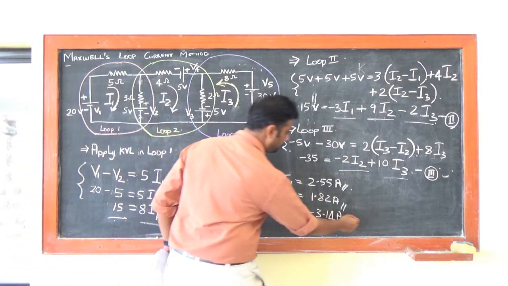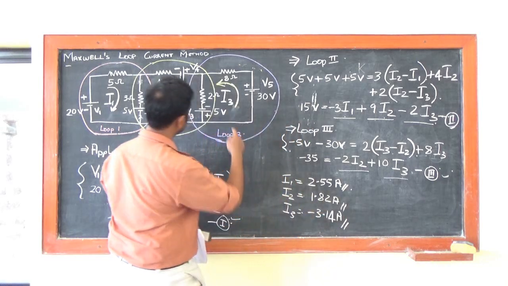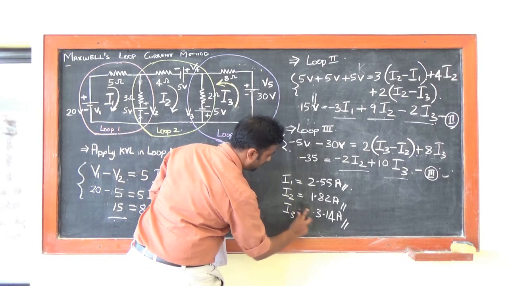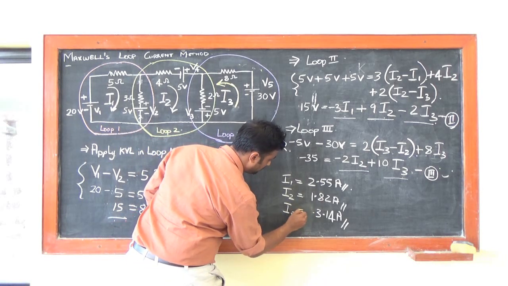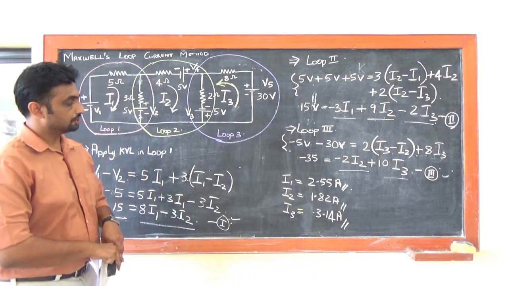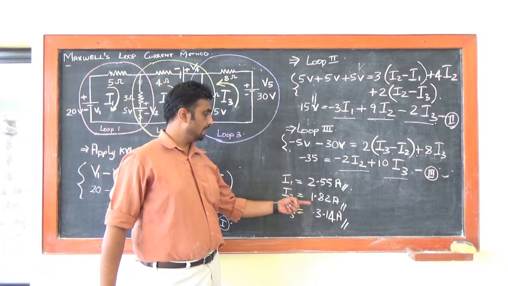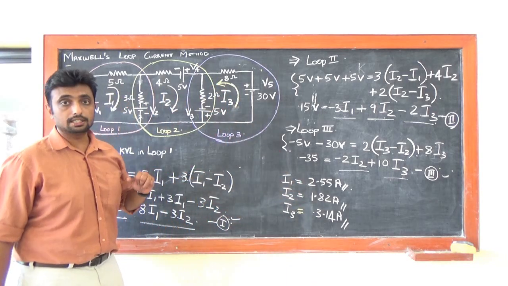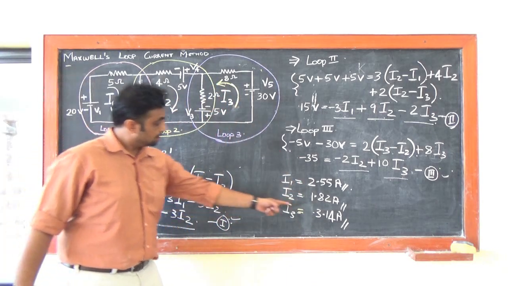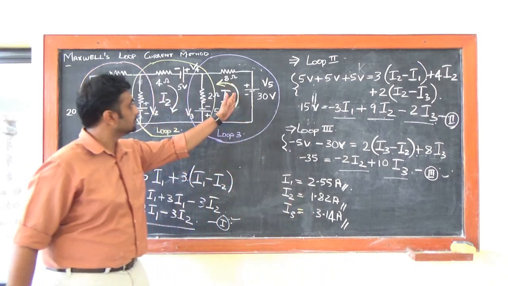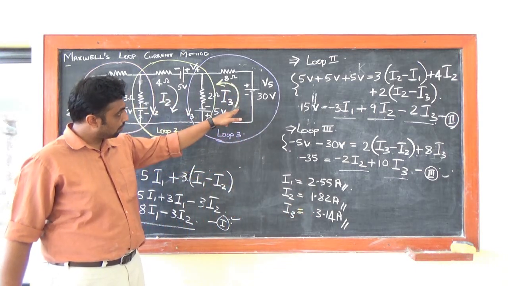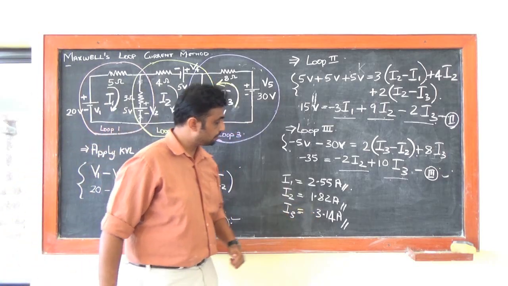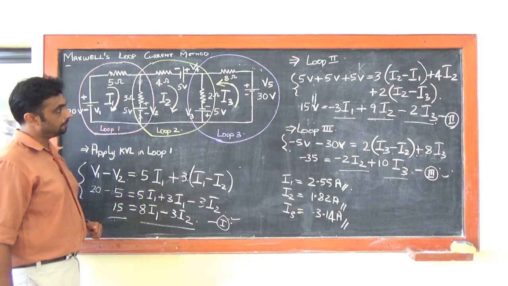Draw this figure again, and now we can take this as positive. So if you get a minus sign in any of your currents obtained, that means you have to change the direction. Since I got minus here, I changed the direction from clockwise to anti-clockwise. That's the reason why I took out the minus sign which was there.